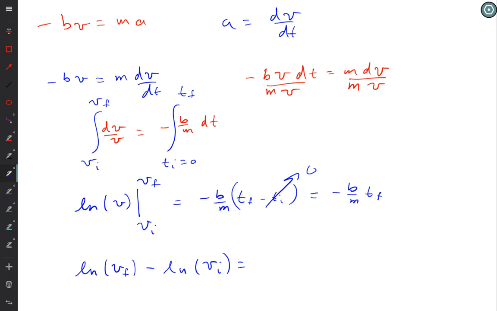But remember I said mathematically that's kind of nonsensical, because my speed has units and I can't have the natural log of something with units. So how do we rearrange this to make it mathematically more sensical? Natural log of vf over vi. We combine them. If you have natural log of a minus natural log of b, that's the same as natural log of a over b.